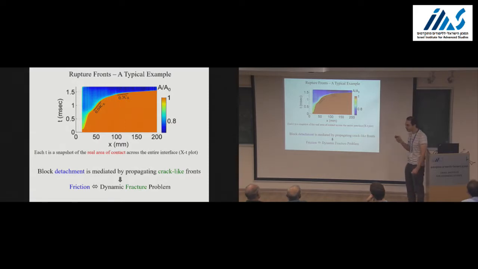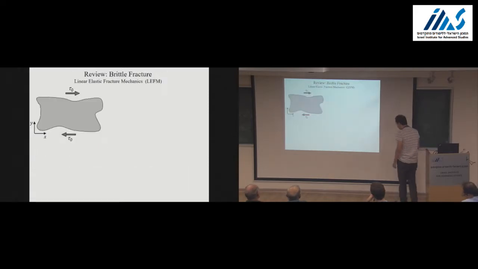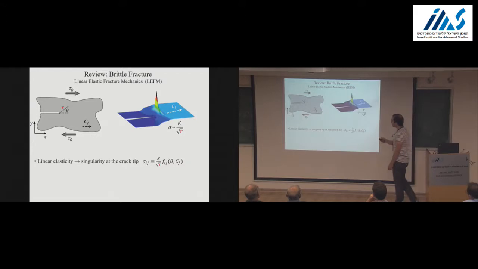So during the rest of the talk, I'll compare results to fracture mechanics, so an extremely short review. We take a linear elastic material, we apply shear, we introduce a crack, it propagates to the right with a velocity, and linear elasticity predicts a square root singularity of all the stress components at the crack tip. Essentially, this square root singularity is the definition of brittle fracture.